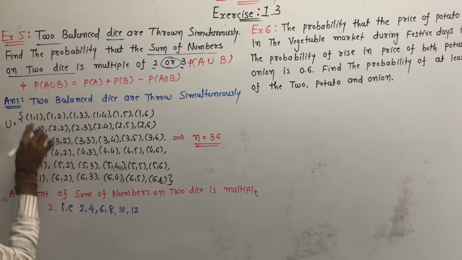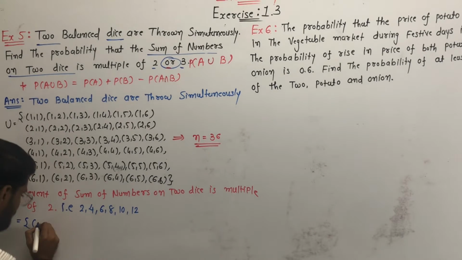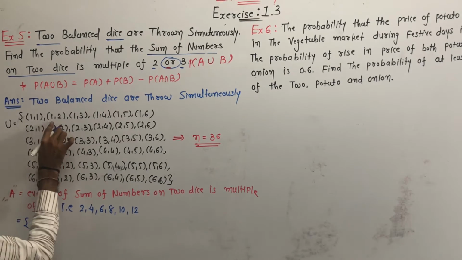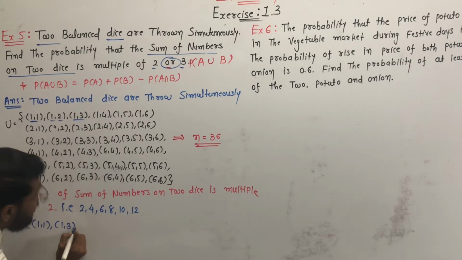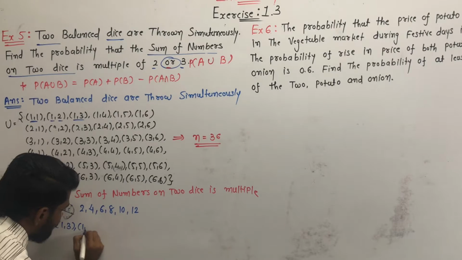1 and 1 is equal to 2, yes, it is a multiple of 2. Then 1 2, no, odd and even, this is 1 3, then 1 4, no, then 1 5.